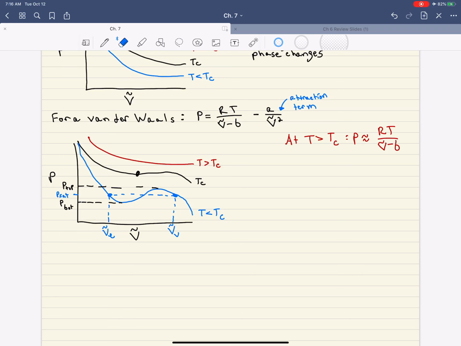And so that begs the question, which pressure is P sat? How do we determine which pressure actually corresponds to the P sat for a given temperature?